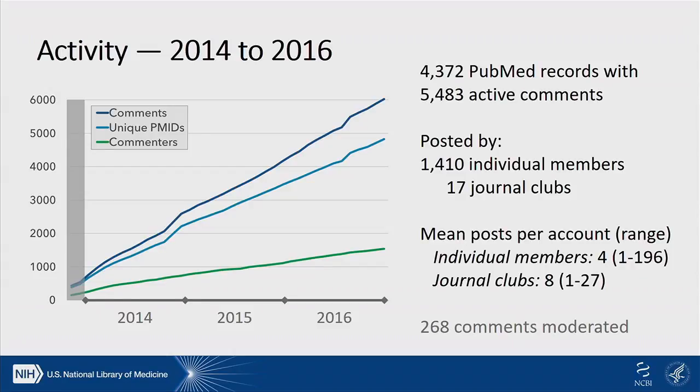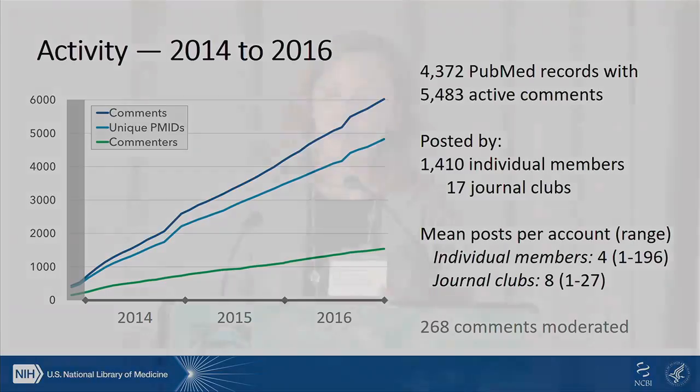Over that 3-year period, we have about 4,400 publications with about 5,500 comments coming from various accounts, and there's a big difference between commenting activities across accounts. About 60% of individual accounts comment once and only once, whereas for journal clubs, less than 20% comment only once.